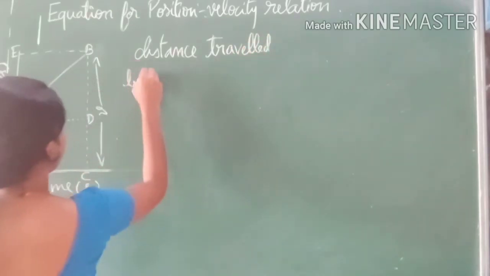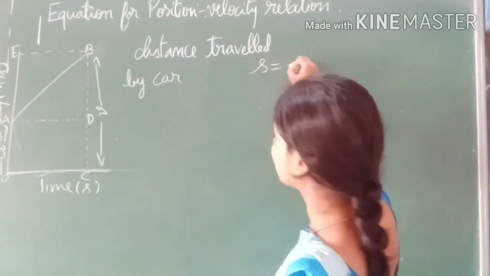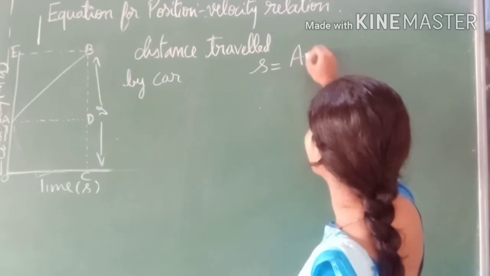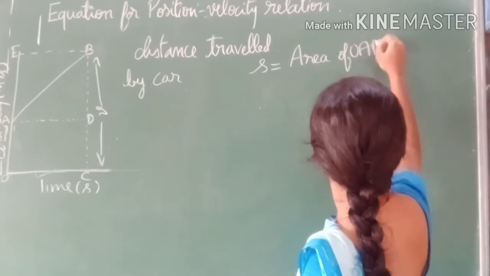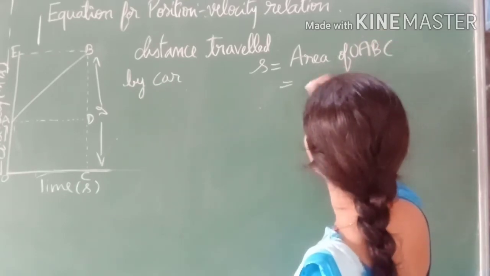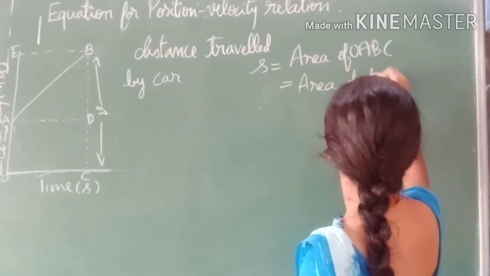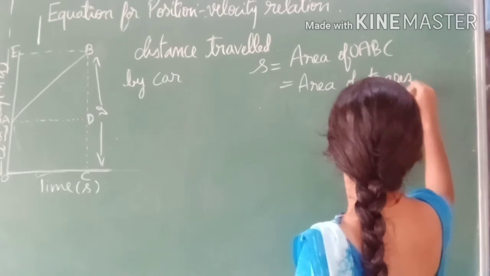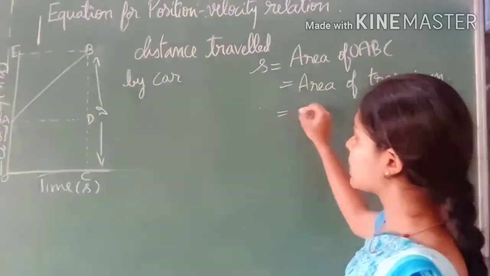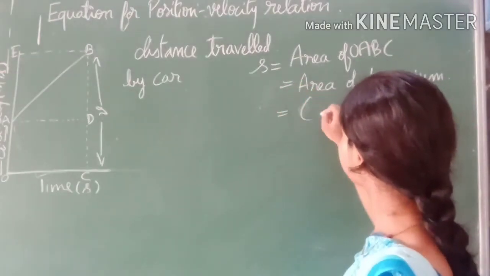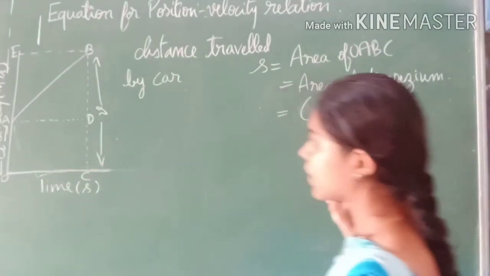S is equal to the area of OABC, that is the area of a trapezium. What is the formula to find the area of a trapezium? It is the sum of two parallel sides into the base.